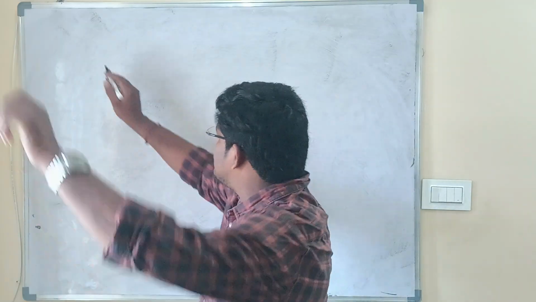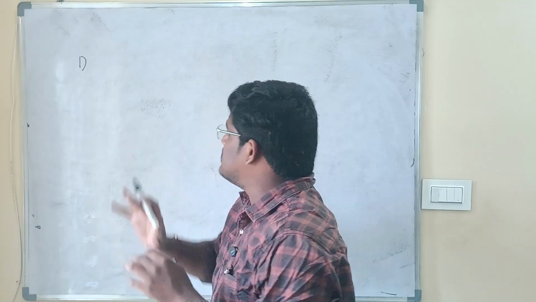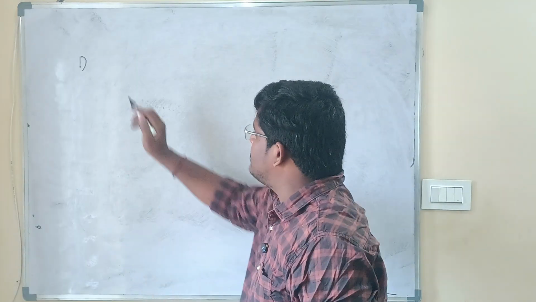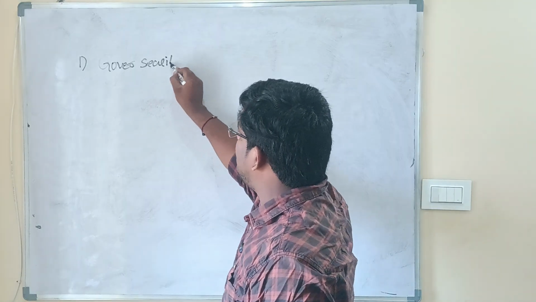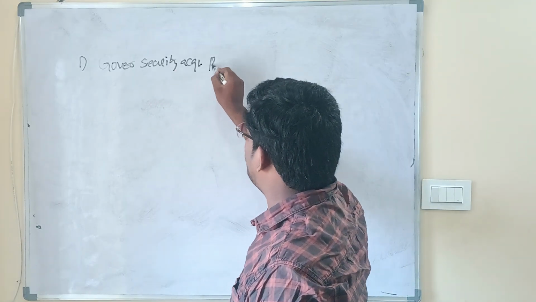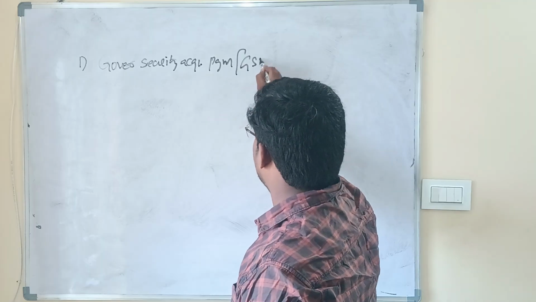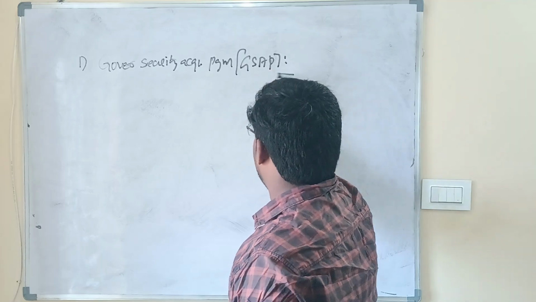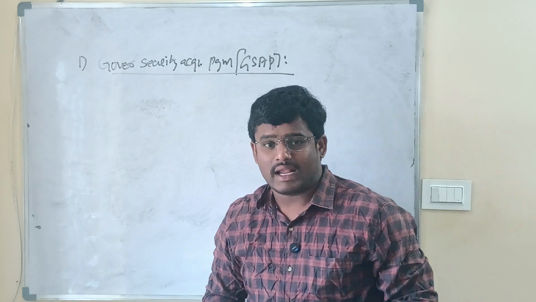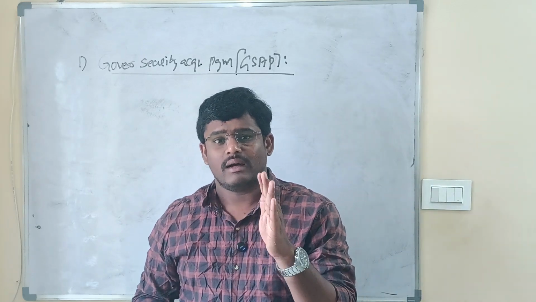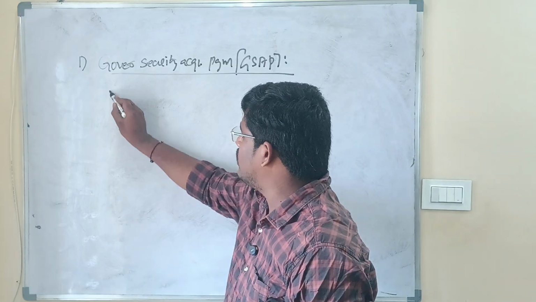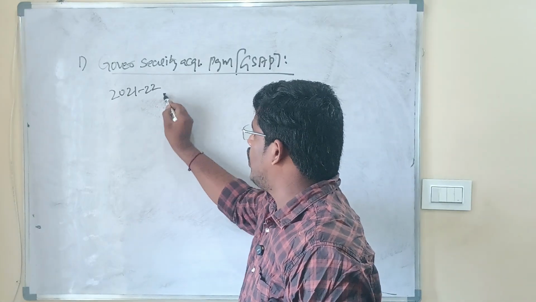The program which the Reserve Bank of India has formulated is referred to as the Government Securities Acquisition Program, GSAP. Now, what is this GSAP? If you look at the Government Securities Acquisition Program, this program was launched in 2021-22, immediately after COVID.